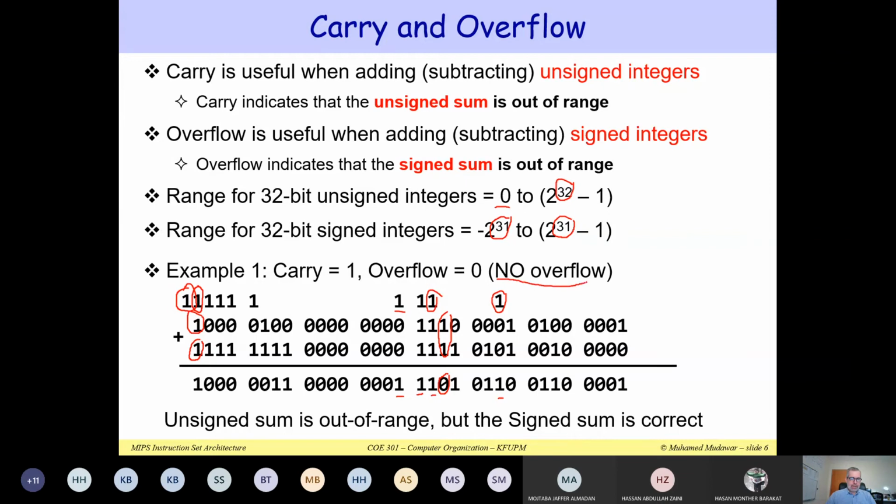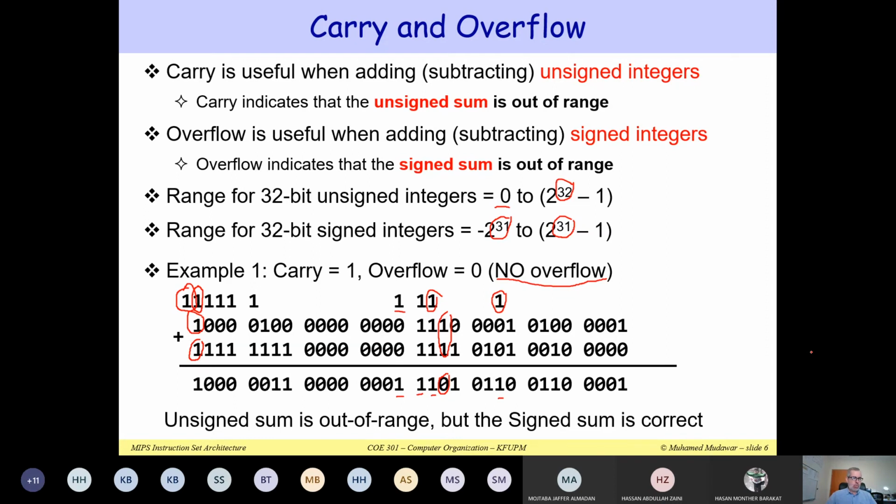So if you look at this number here as signed, then this is the correct signed result. When you are adding these two numbers, we are getting the correct result. If you look at them as unsigned, then the result is out of range. But if you look at them as signed in the 2's complement representation, then the sum is within range and there is no overflow.